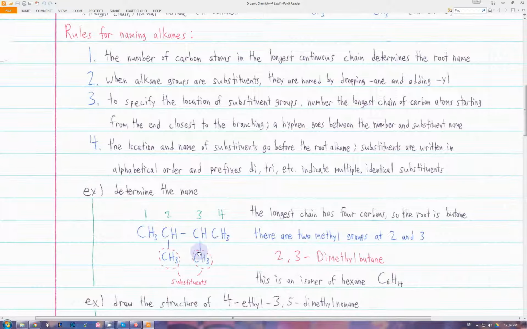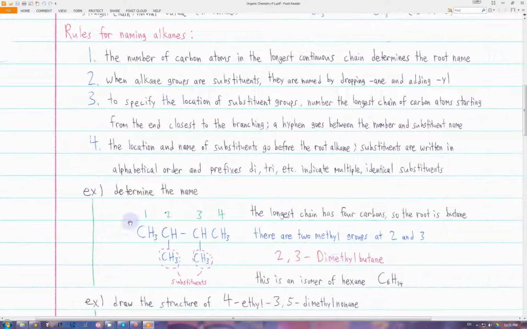And the substituents are both CH3, which is a methyl group. Now we get it by taking methane, CH4, and dropping one of the hydrogens so it can be attached to these carbons over here. So the substituent groups are at positions 2 and 3, and there are 2 of them, so the name is 2,3-dimethylbutane.